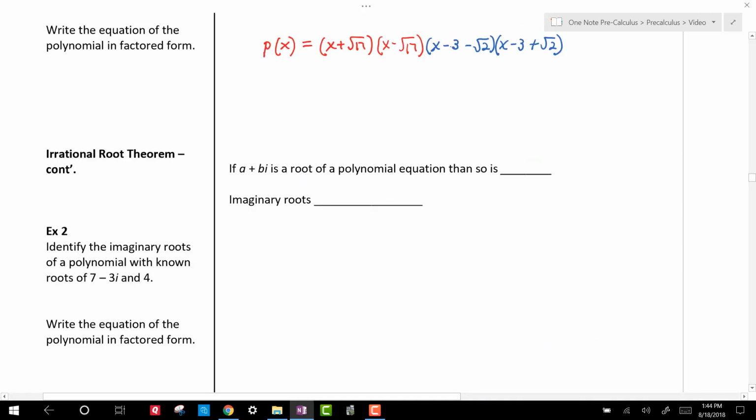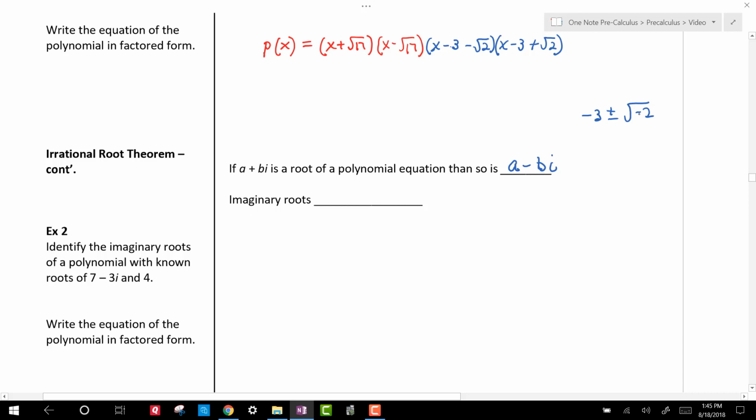So another similar theorem is the irrational root theorem, and I kind of mentioned this in the one above when I talked about negative roots, but it basically says that if a plus bi is a root of a polynomial, then so is a minus bi. So basically what that is when you do the quadratic formula again, or when you take a fourth root, you might end up with something like negative 3 plus and minus the square root of, I don't know, negative 2.